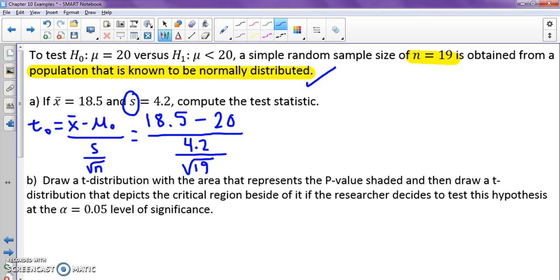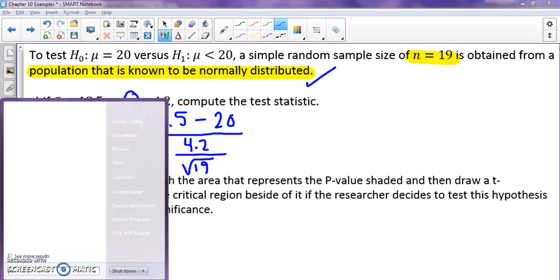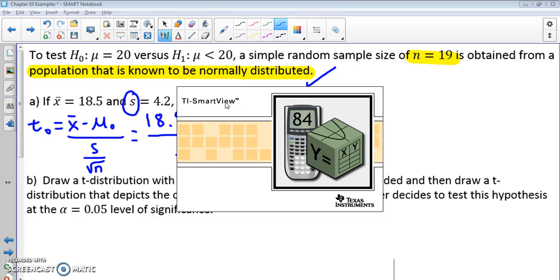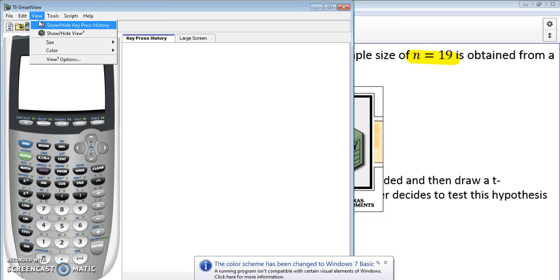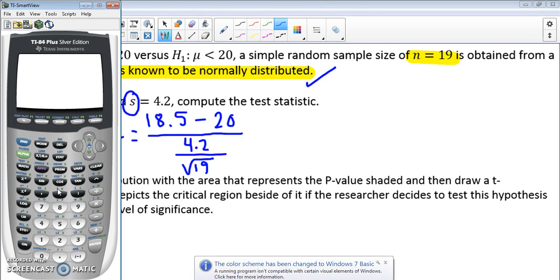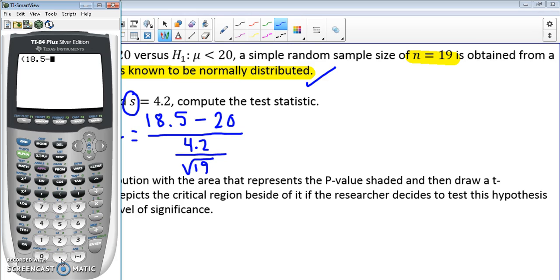Alright, so I'm going to plug all this into my calculator. Parenthesis 18.5 minus 20 divided by parenthesis 4.2 divided by the square root of 19, close parentheses.